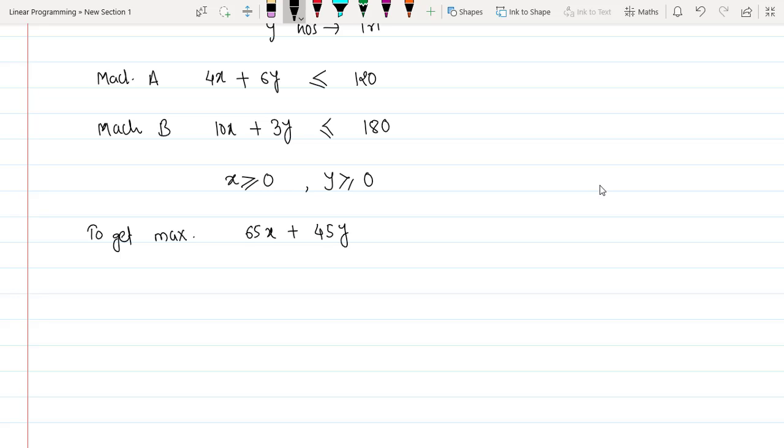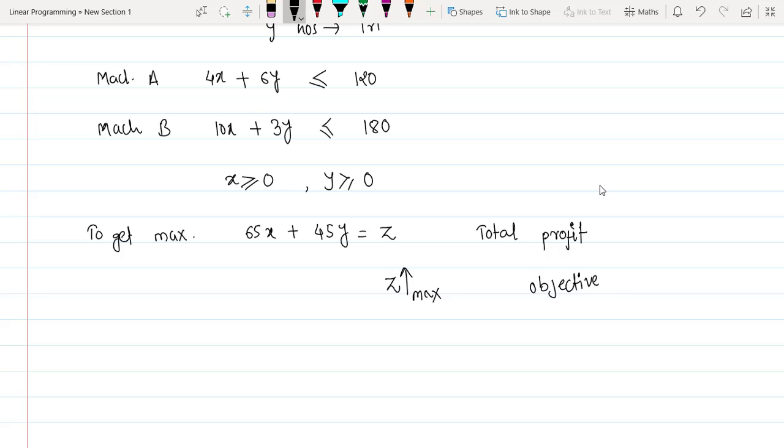So 65 and 45 are what? These are the profit for a bicycle and a tricycle. Okay, good. So this is what we get as the total profit. So let it be denoted by z. So this is the total profit. Now what is your objective? It is to make z maximum. So this is what my objective is.